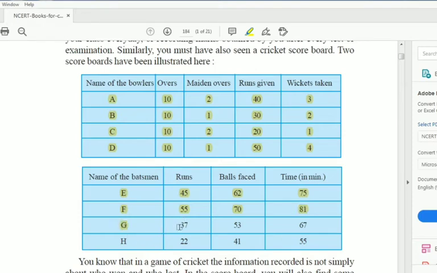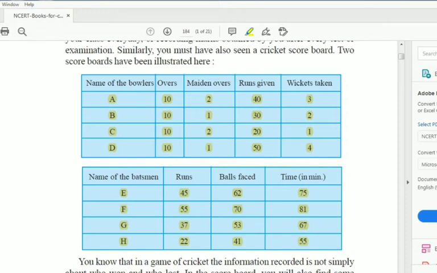G batsman made 37 runs, faced 53 balls and within 67 minutes he makes 37 runs. And H batsman makes 22 runs, faced 41 balls and within 55 minutes he made 22 runs. So like that, we can read the scoreboard.